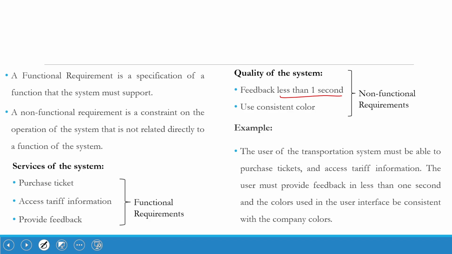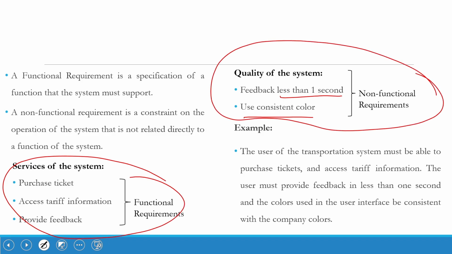The other thing, the user must use consistent color. So this is the non-functional requirement or the quality requirement. From these narratives, we are going to extract the functional requirements.